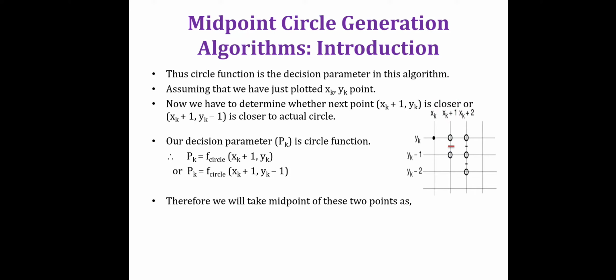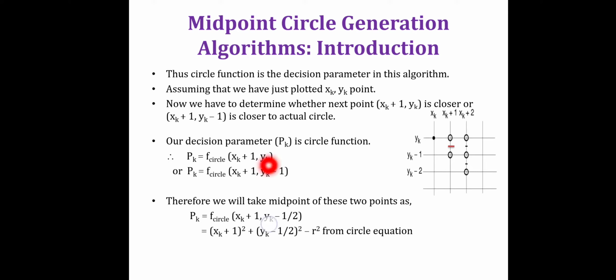So how are we finding it? We have 2 y values, yk and yk minus 1. The value of the midpoint will be yk minus 1 by 2, right? It is nothing but half the distance between yk and yk minus 1. Now we will find the equation of the circle using these coordinates, xk plus 1 and yk minus 1 by 2.